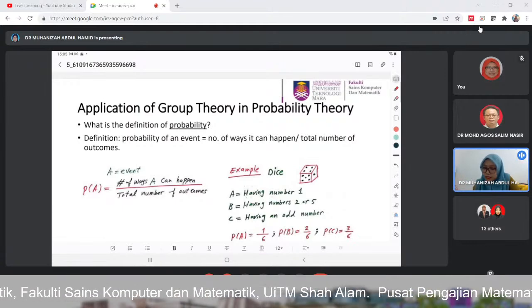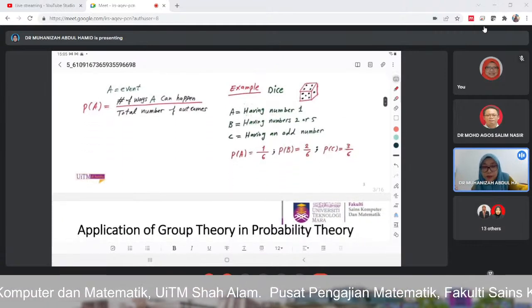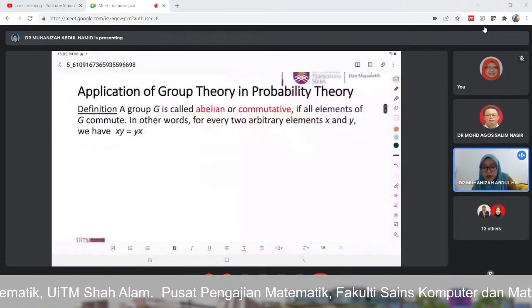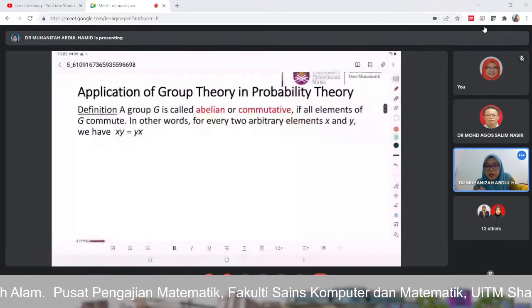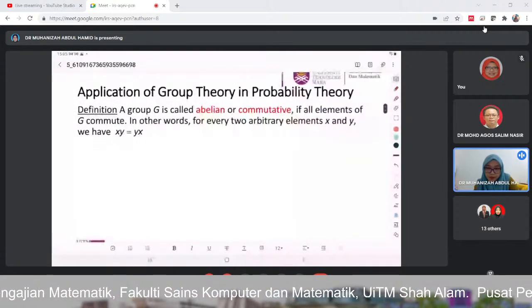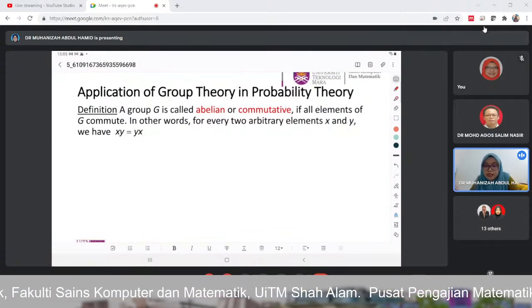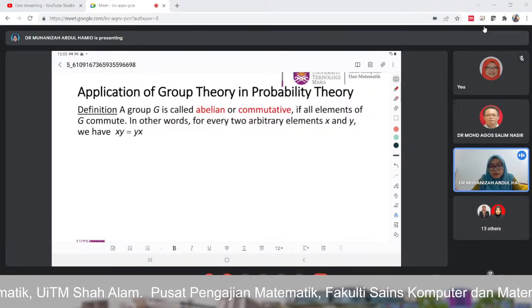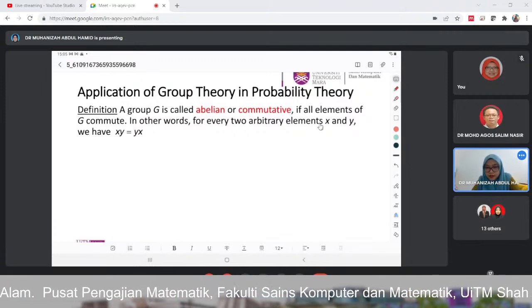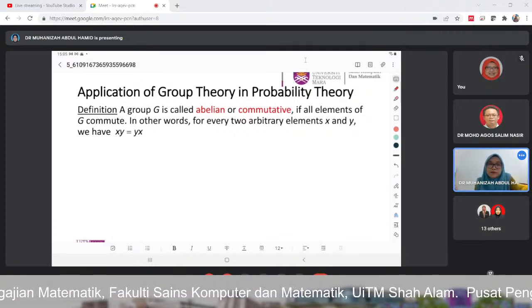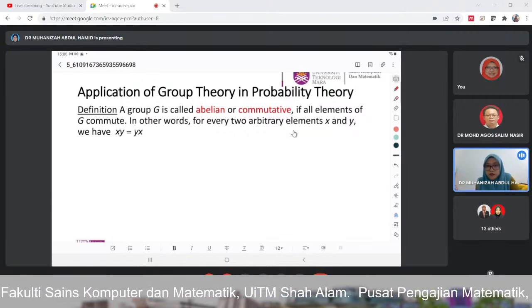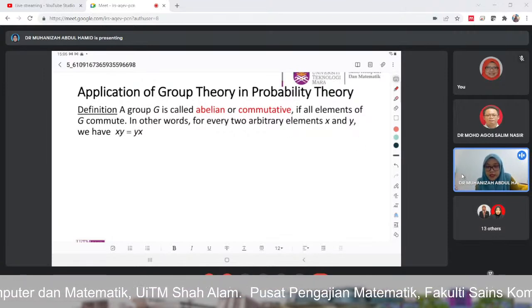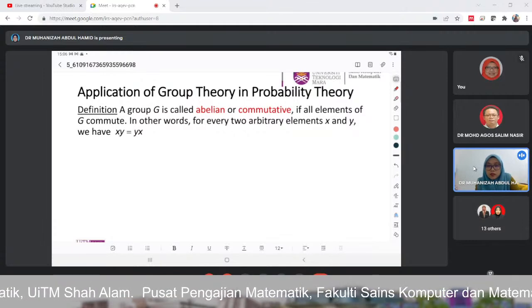But what does it mean by abelian? In this research, we denote a group as G, capital G, and it is called abelian or commutative if all elements of the group commute. So we consider for all elements, if they commute with each other, we can say that the group is abelian.